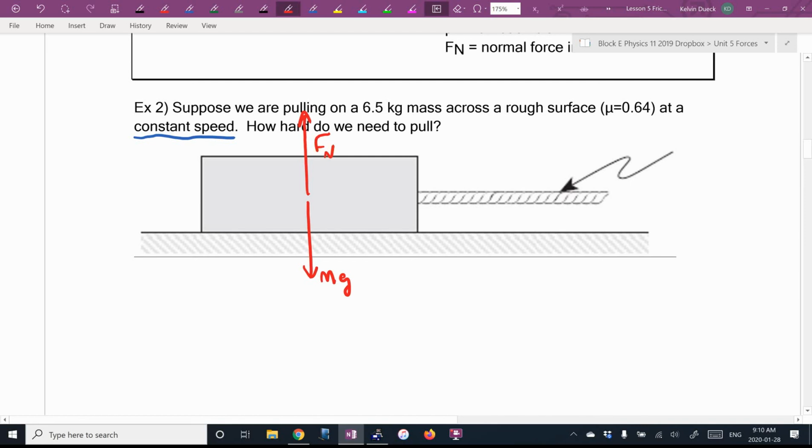Okay. It wants us to figure out how hard we're pulling, so I'm going to call it F pull. Why must that diagram be wrong? Why can't that be correct?